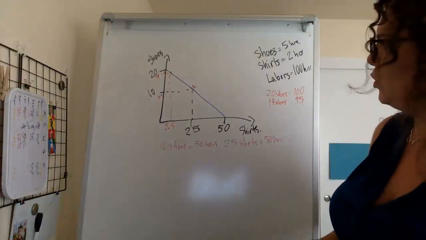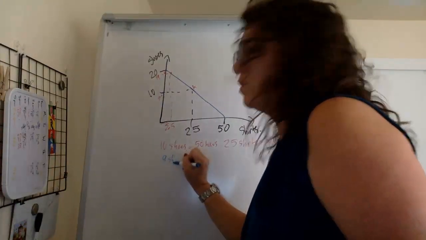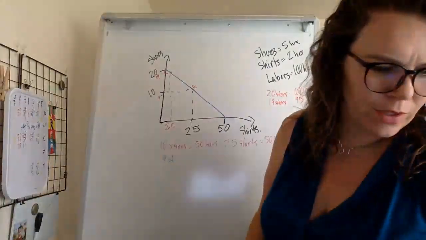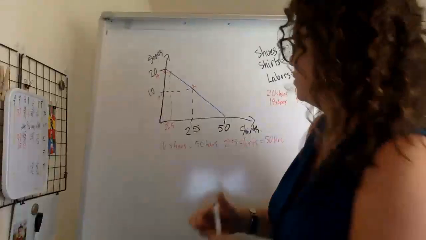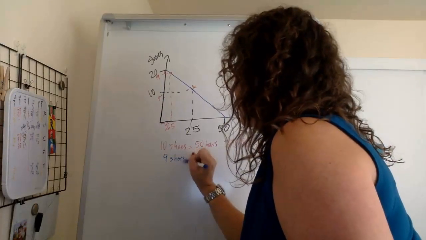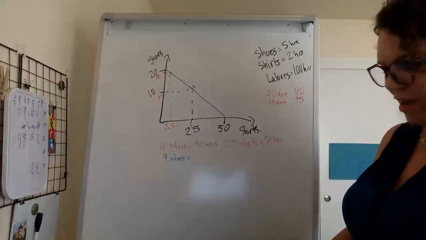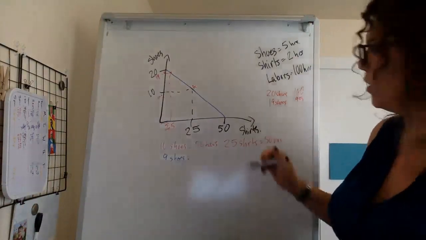When we move to 9 pairs of shoes, now we're only going to need 9 times 5 hours to make those shoes.